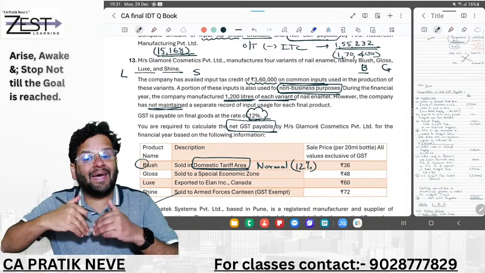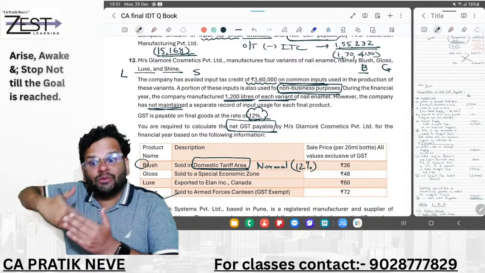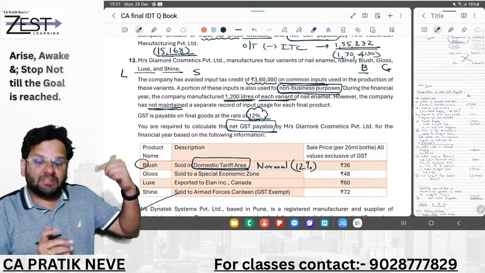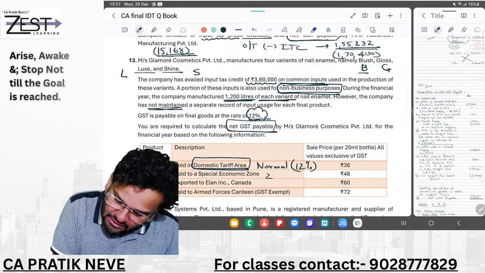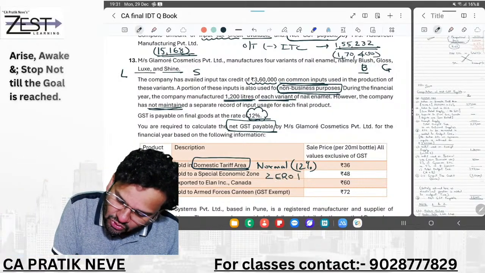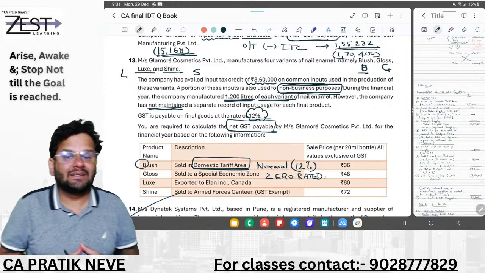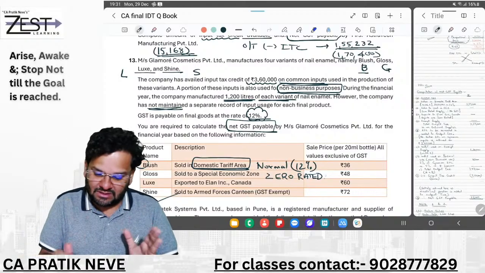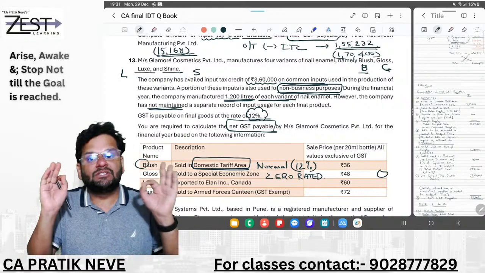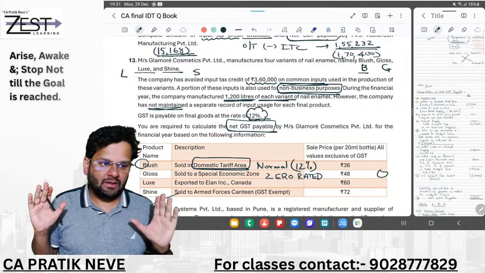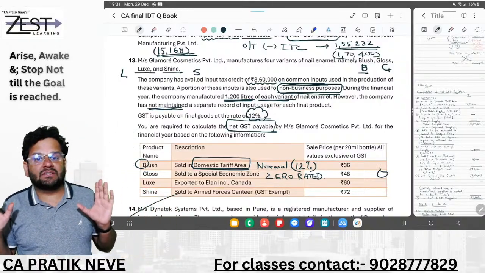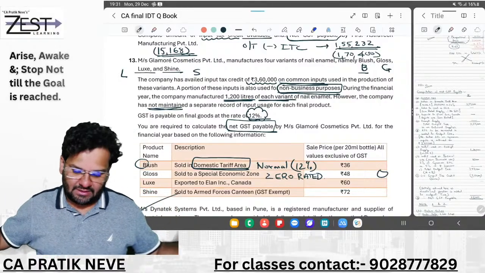Sold to a unit in SEZ or exported, friends, this is called zero rated supply. So on this, GST will be 0. See friends, now here we are discussing output tax.